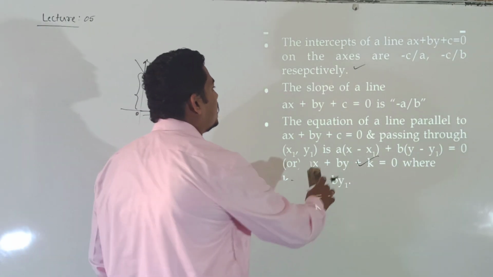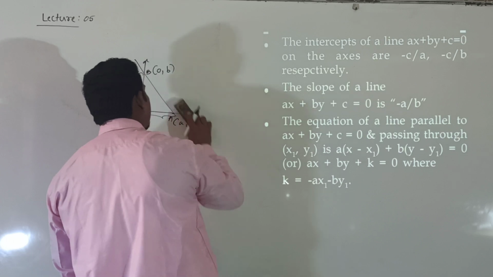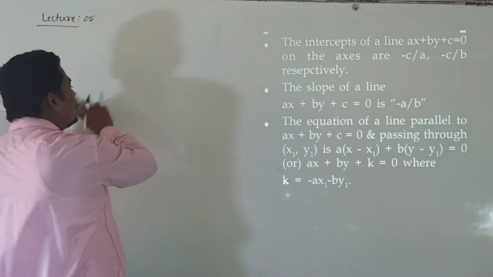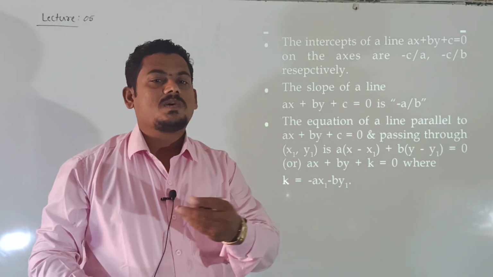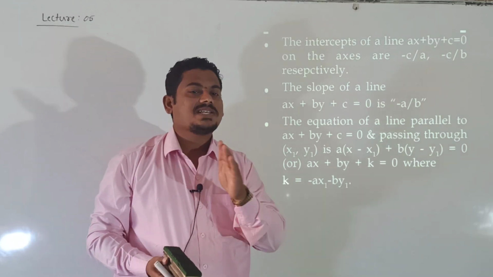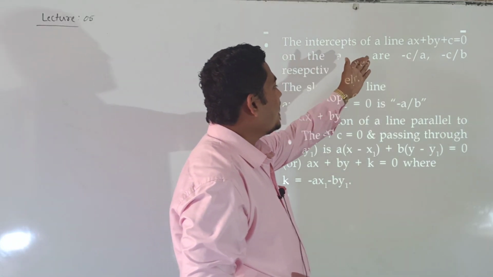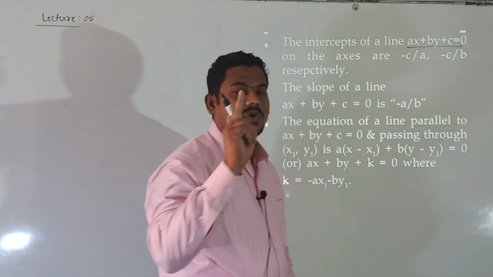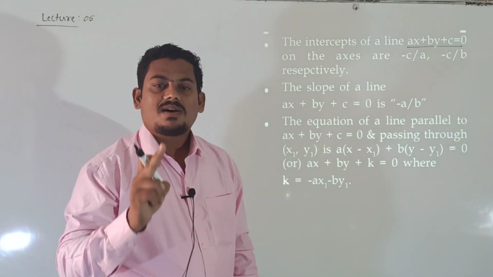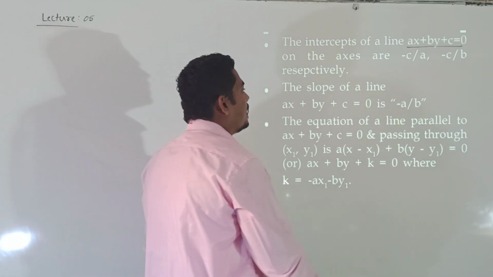Next, and already you know the general equation of the straight line. ax plus by plus c equal to 0 is called the general equation of the straight line.